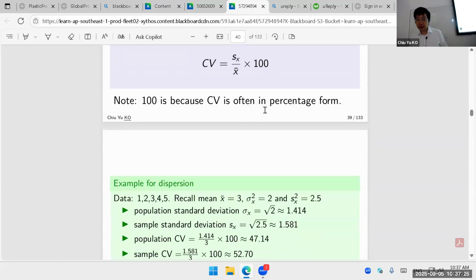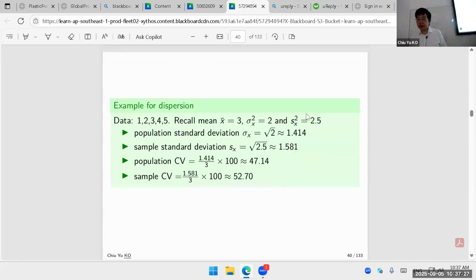Okay. So now just a simple example where we have 1, 2, 3, 4, 5. The mean is 3. The population variance is 2, and the sample one is 2.5. We have shown how to do it. And you can do the standard deviation and the coefficient of variation by taking the square root and dividing by the mean.